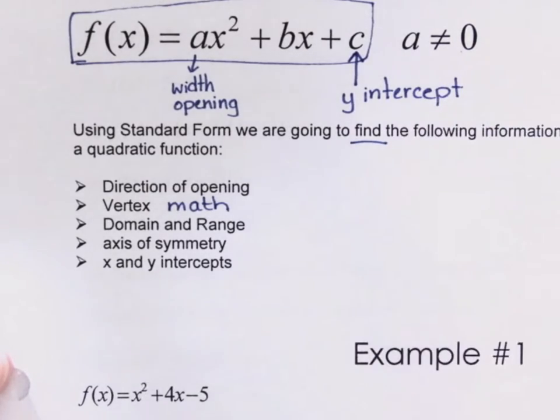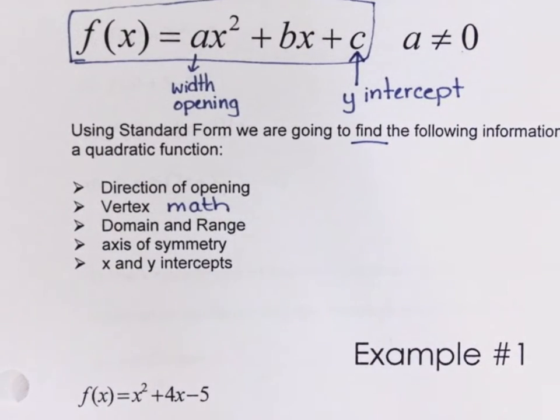So in standard form, the c, the constant, just the number sitting by itself, is your y-intercept. So standard form tells us the width, the opening, but this time instead of telling us the vertex, it tells us the y-intercept.